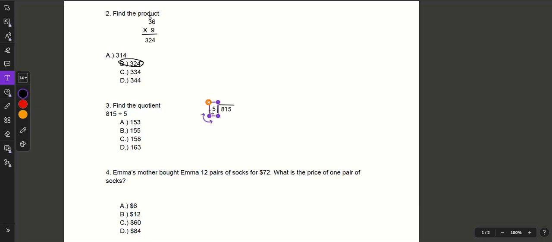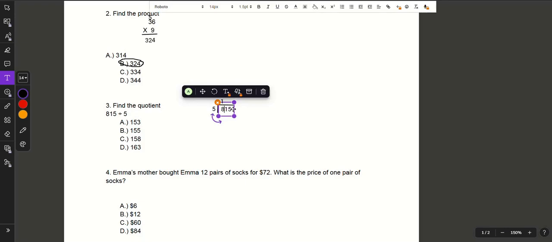To get the closest number 5 will get to 8, you have to multiply 5 by 1, so you put 1 at the top here, and then put 5 underneath the 8, and then subtract that, so 8 minus 5 will equal 3.